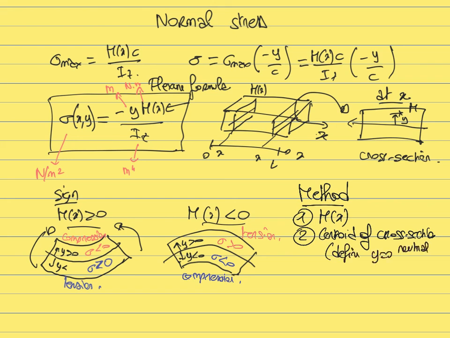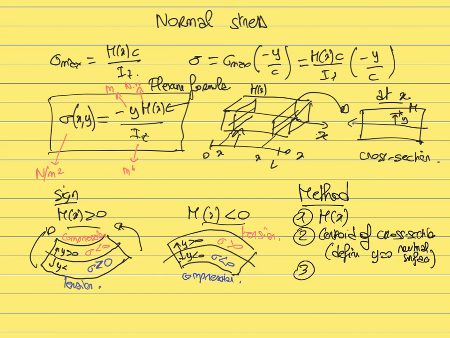You know that the neutral surface goes through the centroid, so the centroid gives you the point at which the stress is going to be 0. So you need to look at the centroid of the cross section at the point x.